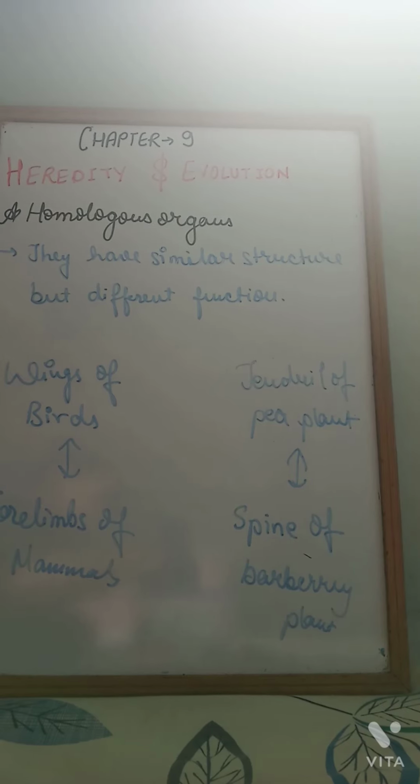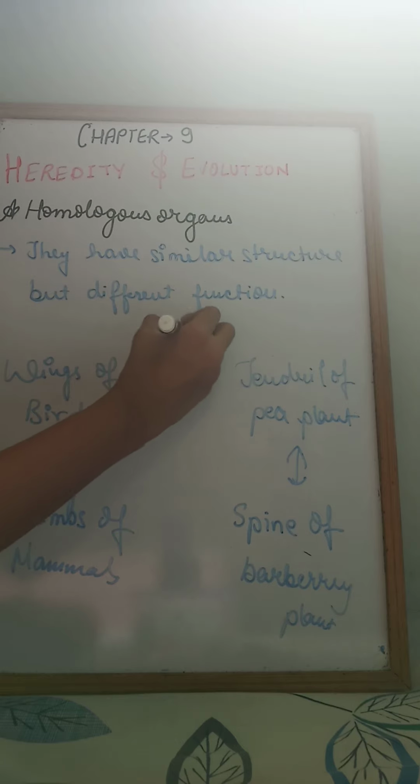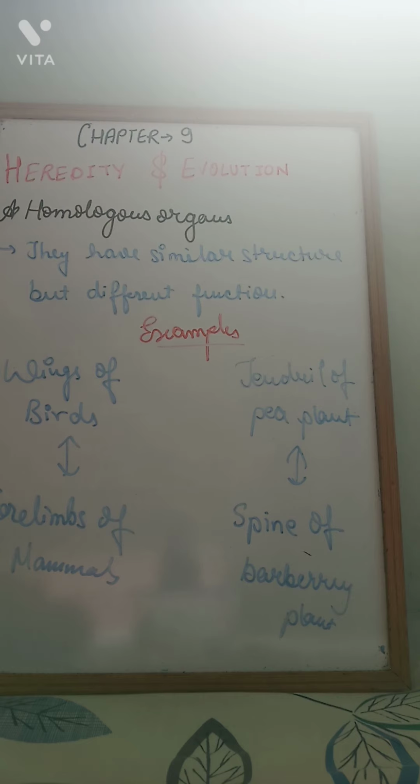Now let us understand what homologous organs are. Homologous organs are those which have similar structures but different functions. These are the examples. The most important thing in biology, we should write everything in examples. Example number 1, wings of birds and forelimbs of mammals.